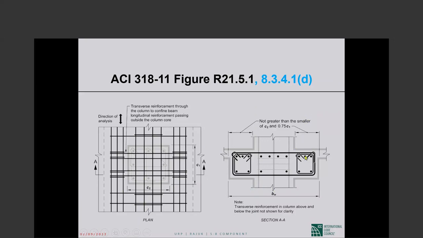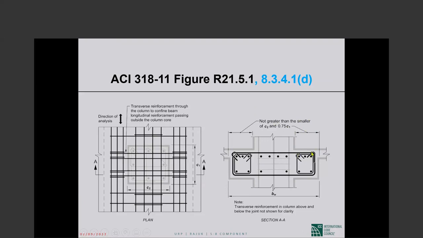Now, the ACI limitation is saying that this overhanging flange width, this width, cannot be any greater than the smaller of two things, the C sub 2 or 75% of the dimension into the screen, 75% of C sub 1.